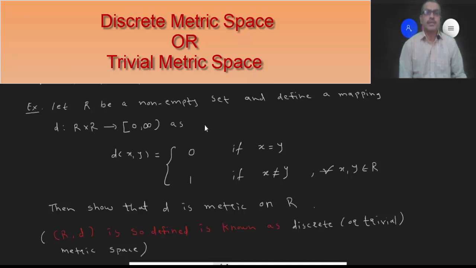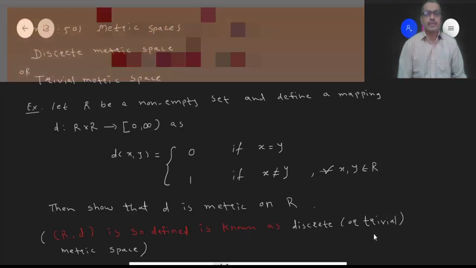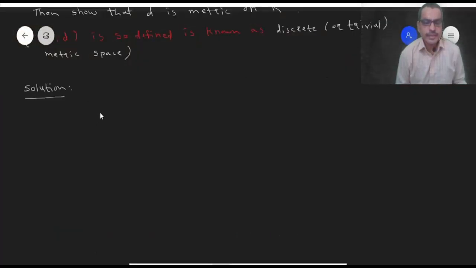Let R be a non-empty set, define a map d from R cross R into the closed open interval [0, infinity), defined as d(x,y) = 0 if x = y and the value is equal to 1 if x is not equal to y, for all x, y belonging to R. Then the ordered pair (R, d) is known as the discrete or trivial metric space. In the discrete metric space, if x is equal to y, then the value is 0, and if x is not equal to y, then d(x,y) is equal to 1.